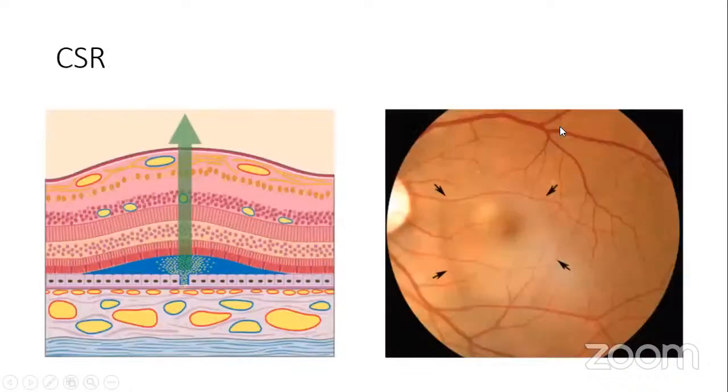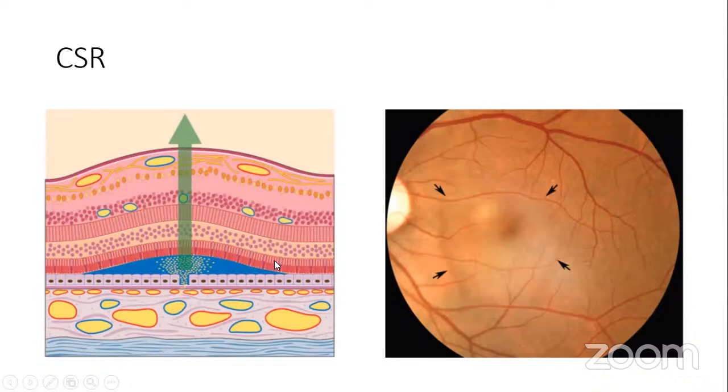Okay, to our classic central serous chorioretinopathy, which most of us know about. Now, this picture is depicting the pathology, okay? The RPE barrier has been abraded, and then you have serous fluid getting through across the RPE and is subretinal, okay?